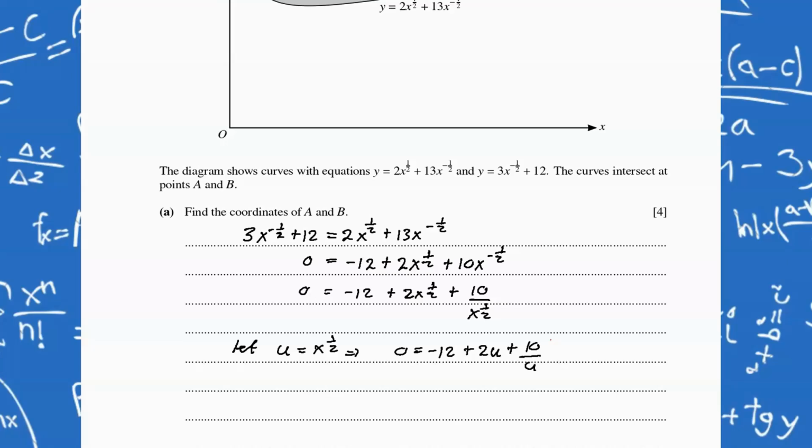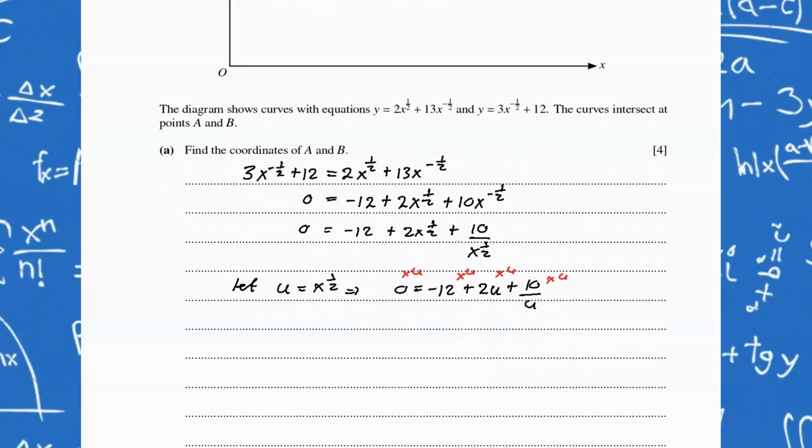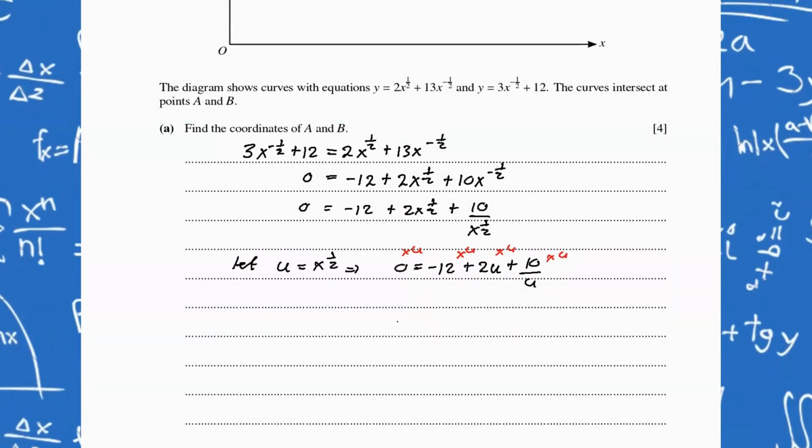If we multiply all the terms by u, we will be having right here 0 equal to, and I'll start with the term in u squared, 2u times u is 2u², and this becomes −12u, and this becomes 10. So this is what we now have.